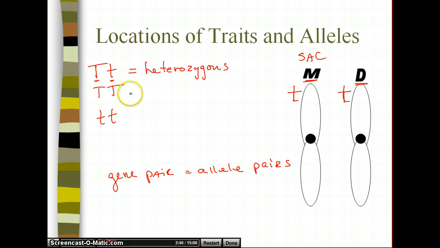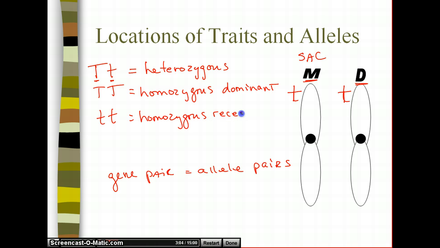When they're two of the same, big T or little t, we call this homozygous. The difference here is this is homozygous dominant because it's two big letters, and this is homozygous recessive. So those are the vocab terms for that.